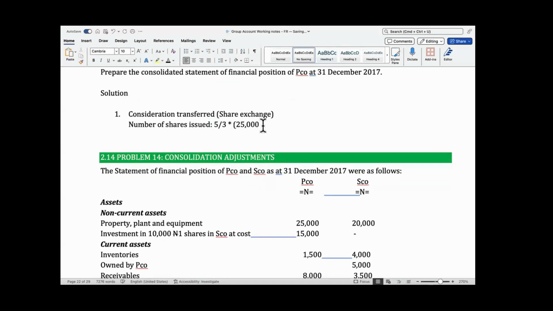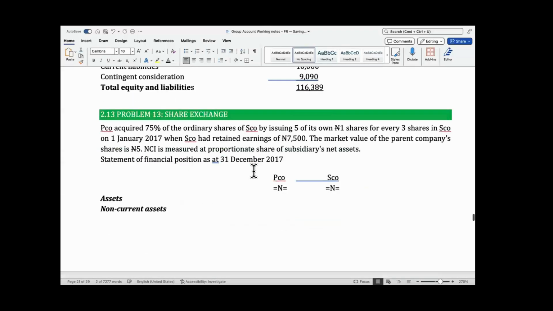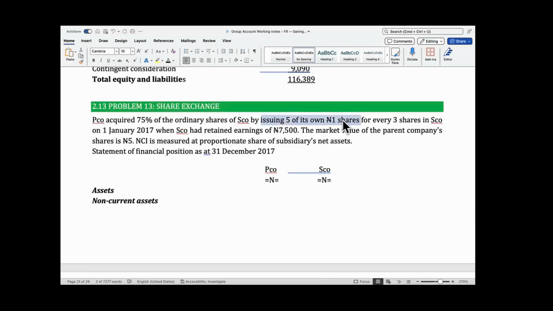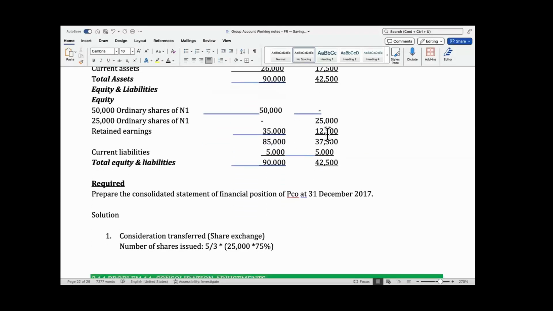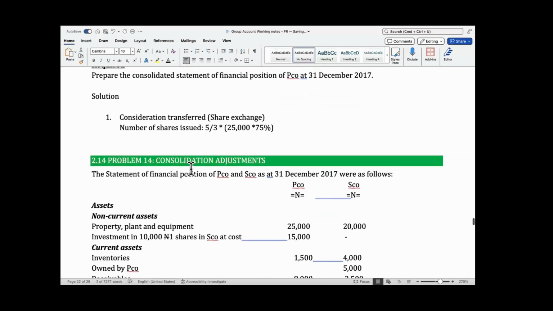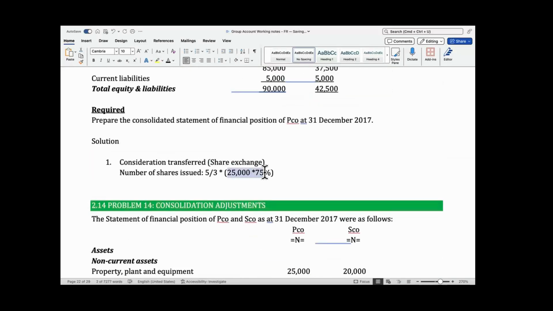It has to be for every share I bought in ESCO. This is a typical mistake in the exam because of the way they set up the question. Some people will interpret it as 5 over 3 times the whole of the shares. No, it's on what I've acquired. What's my business with the other ones? It's for every one I have acquired in him. So please, don't forget.